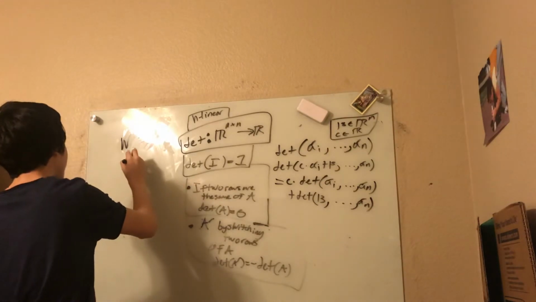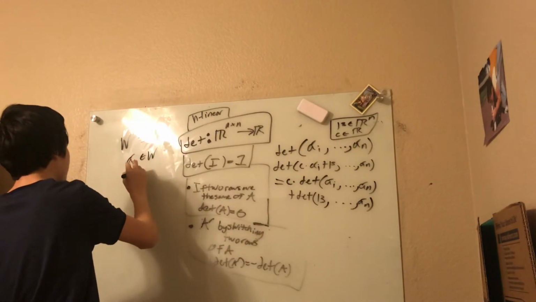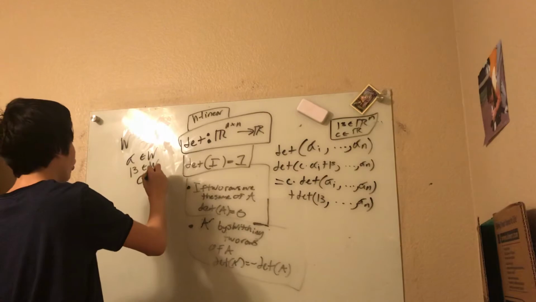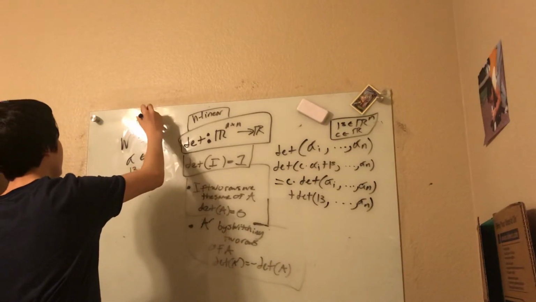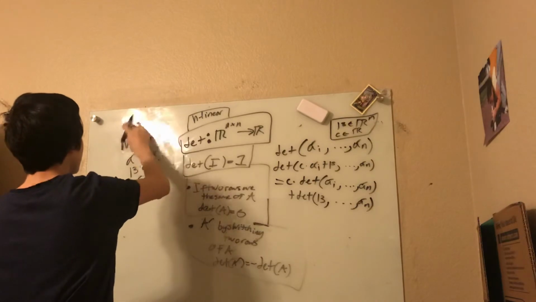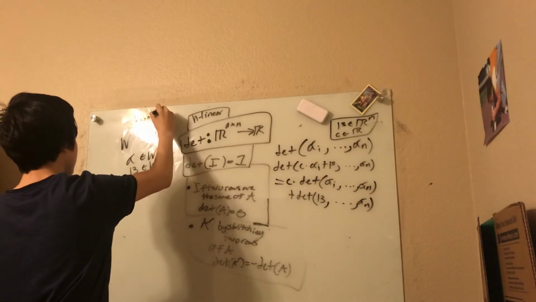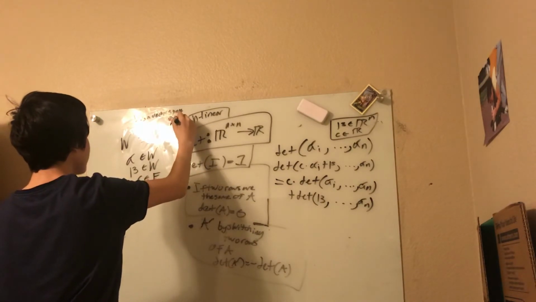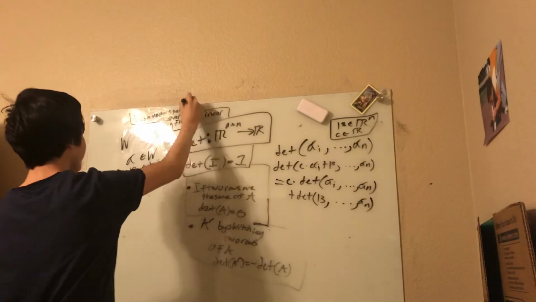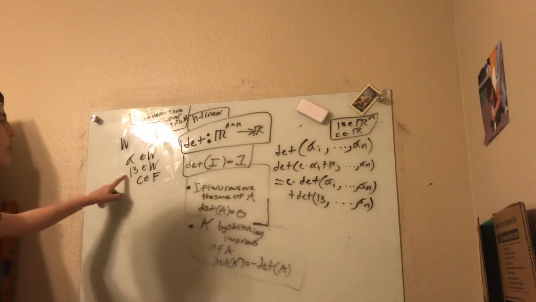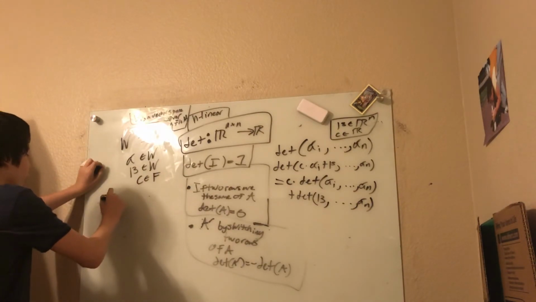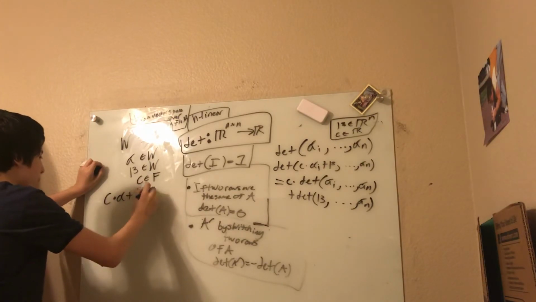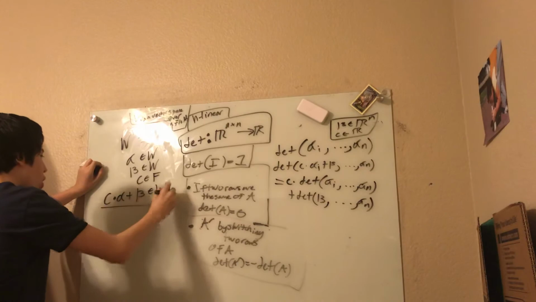We say that if alpha is in W, beta is in W, and some scalar over the field, where V is a vector space over a field, then W is a subspace of V if we scale the vector A and we add B, and this holds.